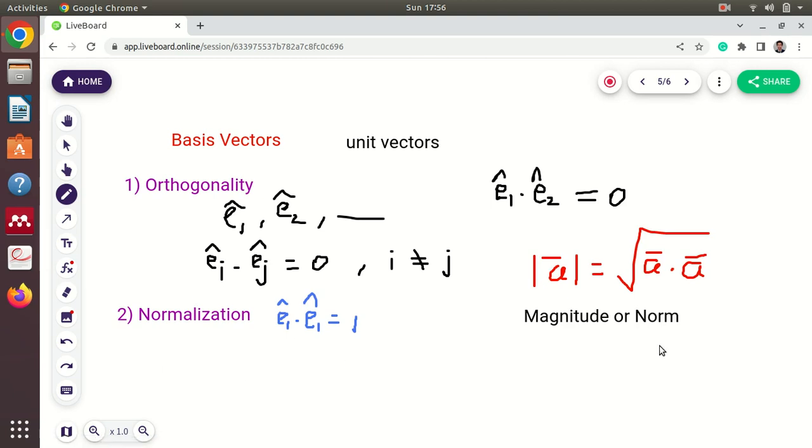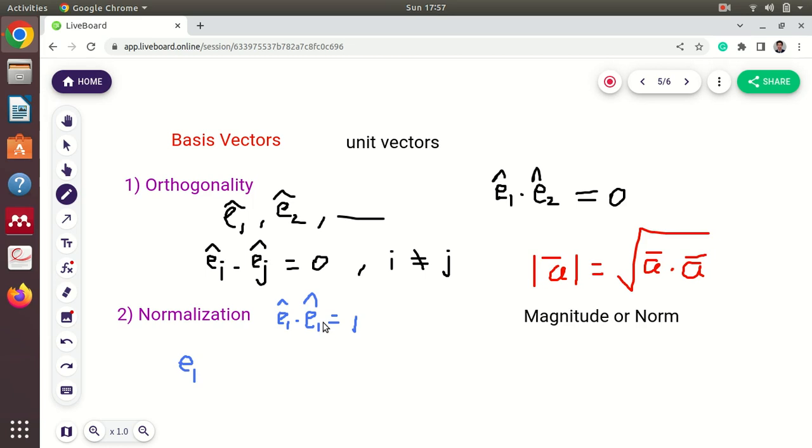Now you can see I haven't taken the square root here. This is because here it is 1. So the square root of 1 or the square of 1 is always 1. So we don't need to write any square root here. But if you are given a vector and you are asked what is the magnitude or norm of the vector, then you have to take the dot product of that vector with itself, and then you have to take the square root.